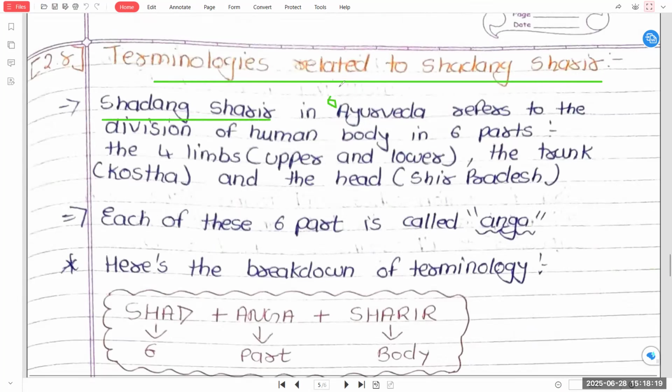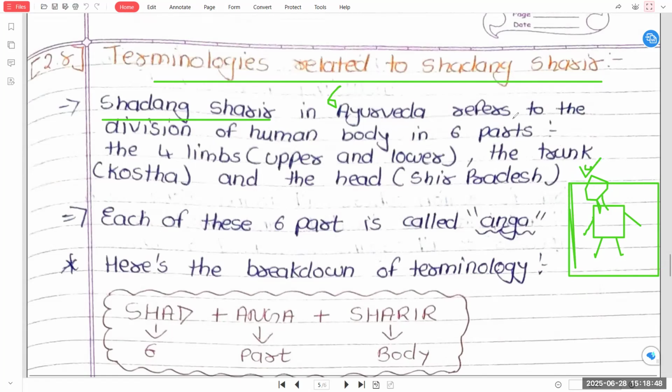Which were the six angas? The head and neck, shiro-griva. Okay, that is our first anga. The second anga is the madhyam sharir, the trunk. The third and the fourth are the two upper limbs. And the fifth and sixth are the two lower limbs. So this was our Shadanga, which we had already seen earlier in the first chapter.